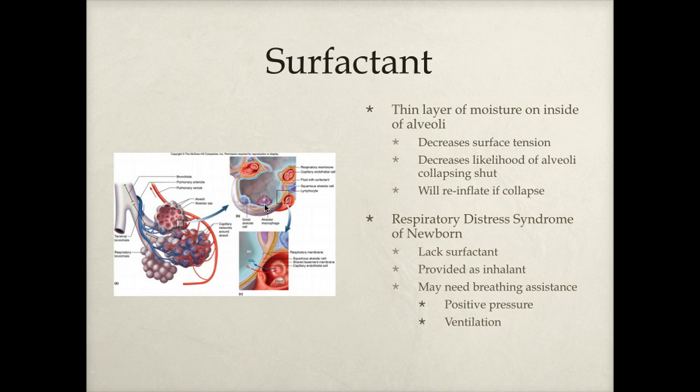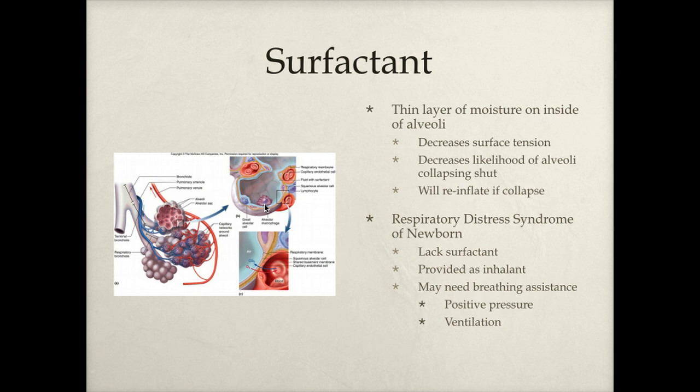One problem that happens when a baby is born early is something called respiratory distress syndrome of the newborn, or often infant respiratory distress syndrome. Premature babies do not have surfactant developed yet. The surfactant typically develops around 7 months of gestation.